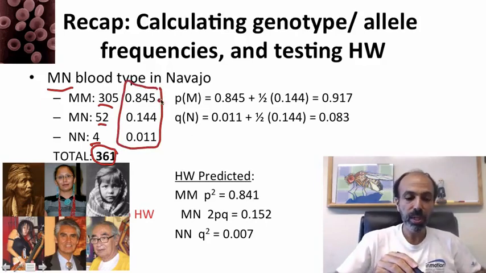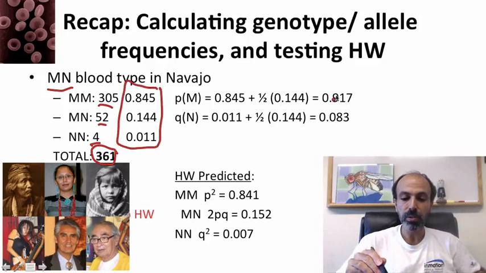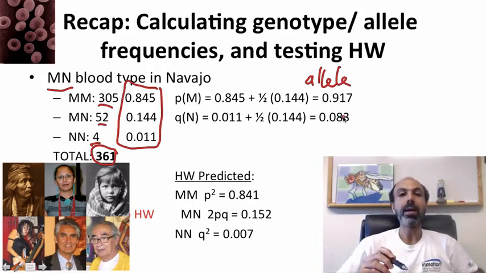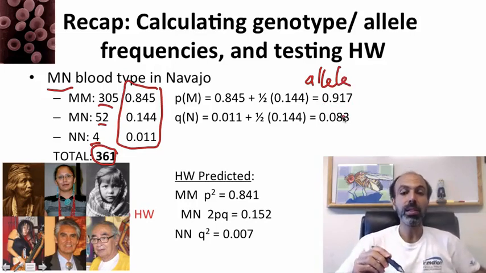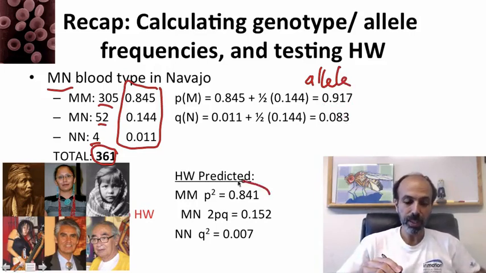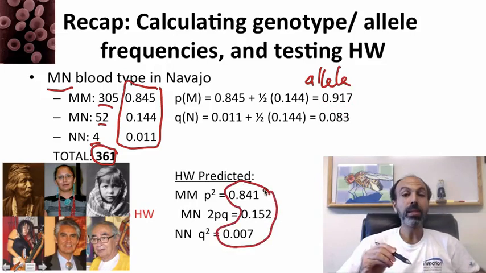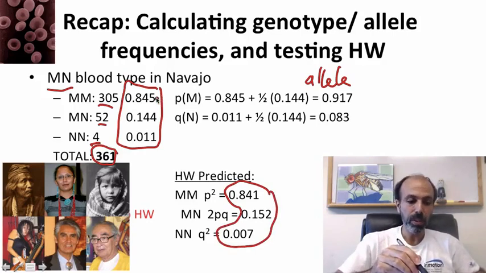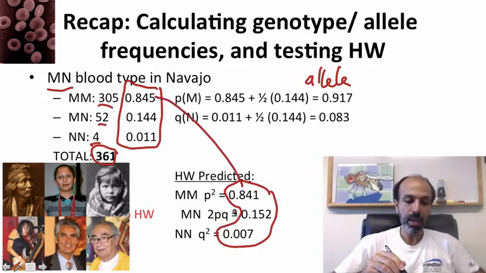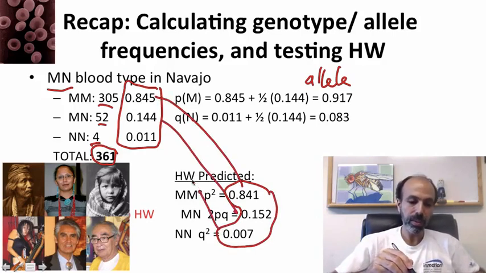From the observed genotype frequencies, we calculate out the observed allele frequencies here. And then from these observed allele frequencies, we look at the expected or predicted Hardy-Weinberg genotype frequencies, and these are down here. In this particular case, with the Navajo alone, we see a pretty good fit between the observed genotype frequencies and the predicted genotype frequencies.